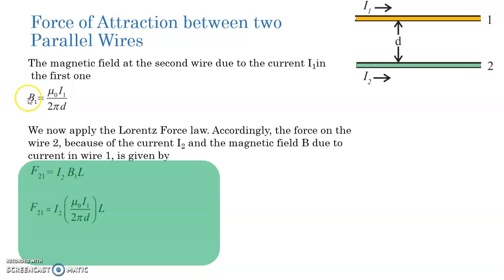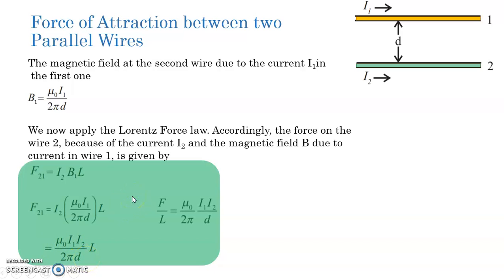Let us substitute the formula for B1 in this expression. We get F21 is equal to I2 mu naught I1 divided by 2 pi d, the whole multiplied by L. By rearranging the terms, we get F21 is equal to mu naught I1 I2 L divided by 2 pi d.